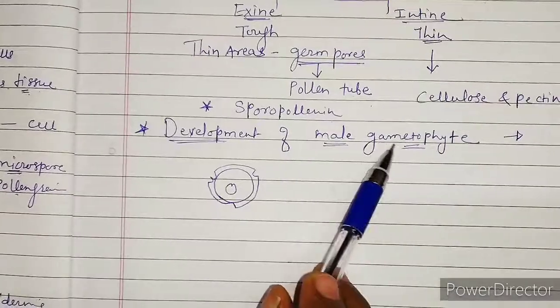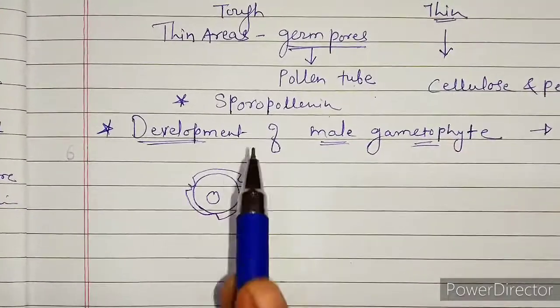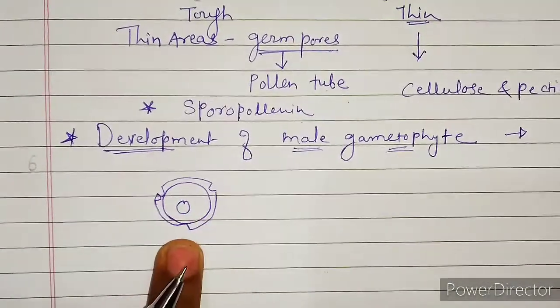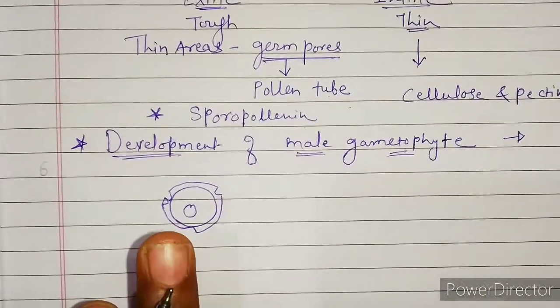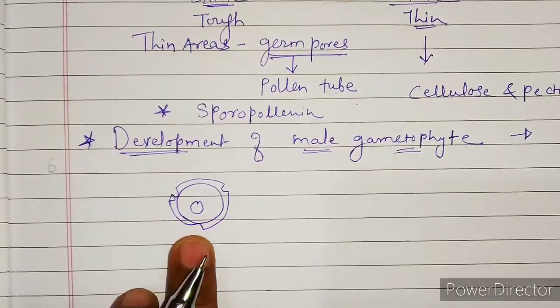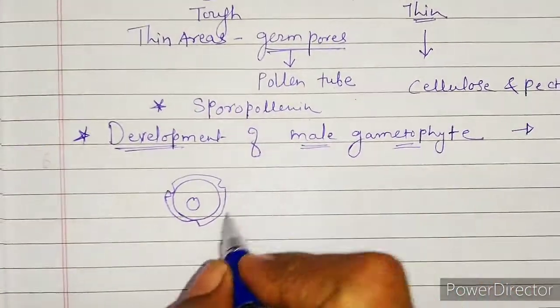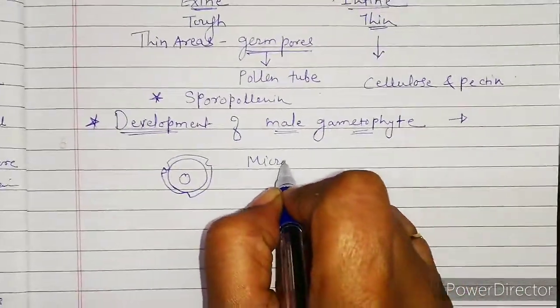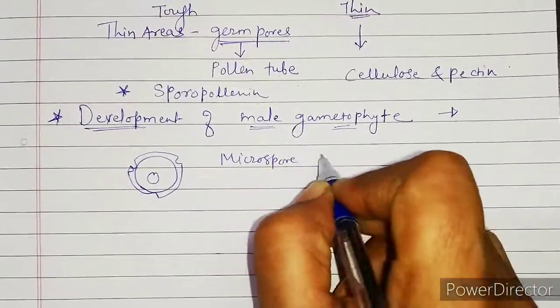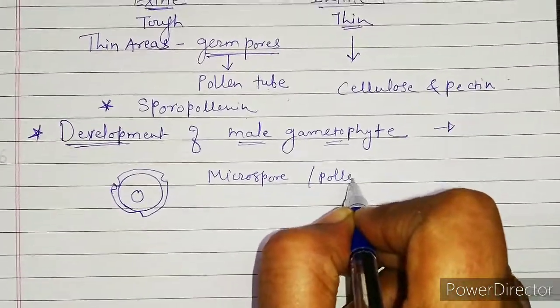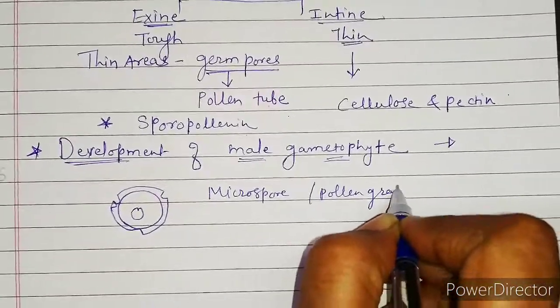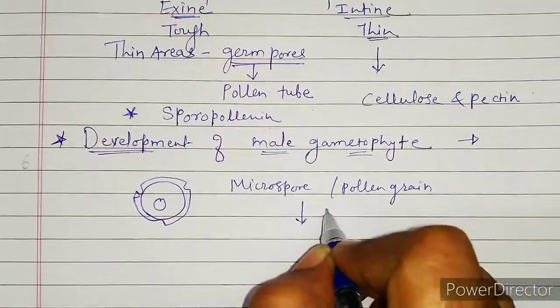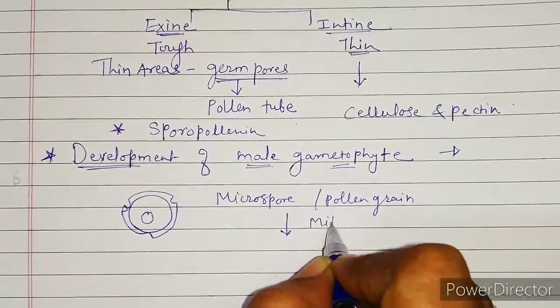The male gametophyte develops from this unicellular, uninucleate, non-motile, double-walled microspore. This microspore, also known as pollen grain, undergoes cell division known as mitosis.